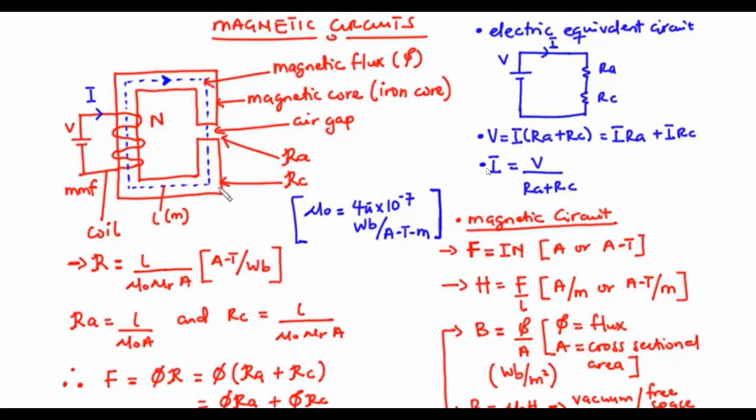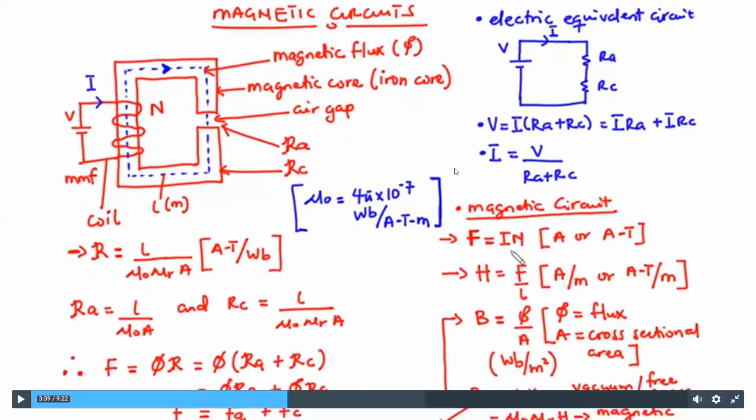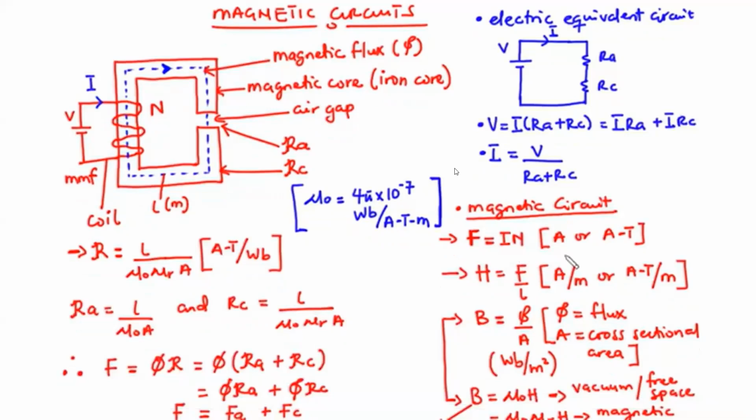Given a magnetic circuit, the magnetomotive force, or MMF, that drives magnetic flux within the circuit is given by F, which is equal to the current in the core times the number of turns of the core, and that is measured in amperes, or ampere turns.